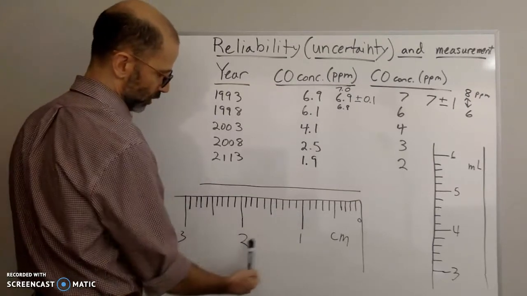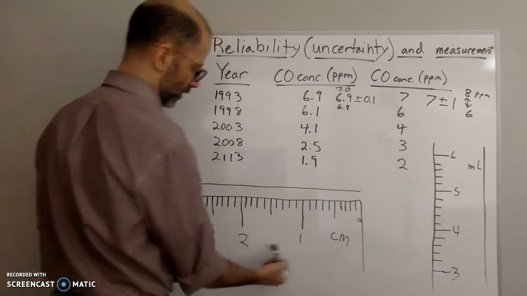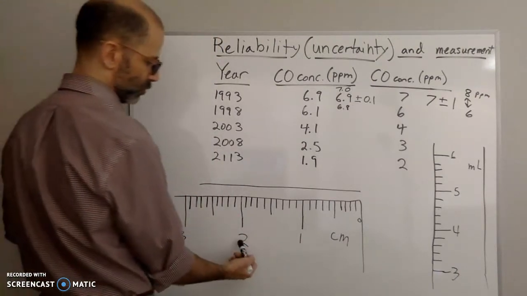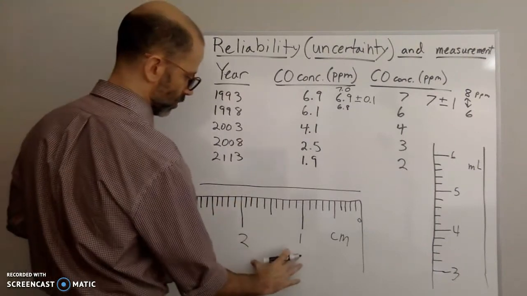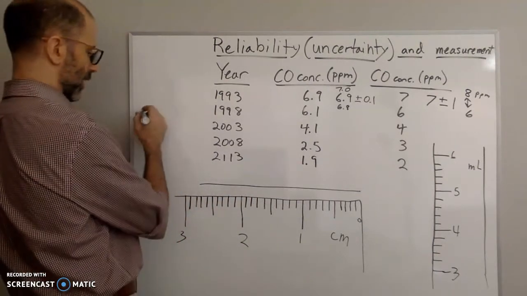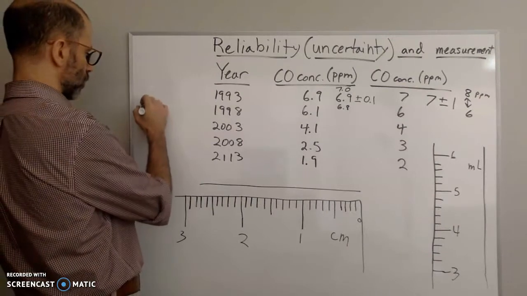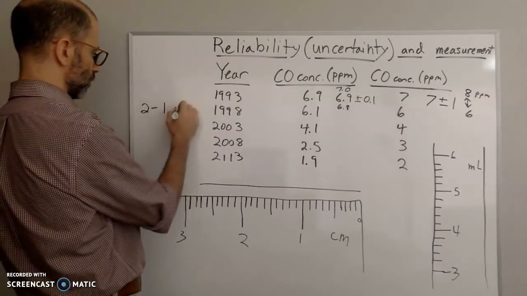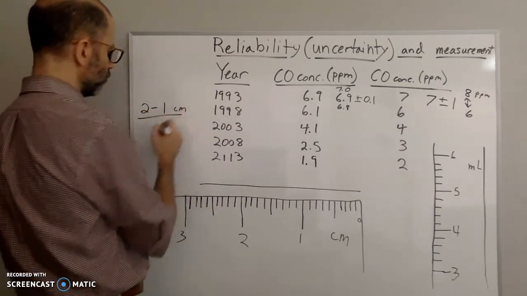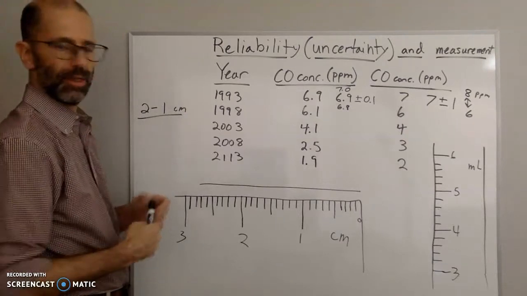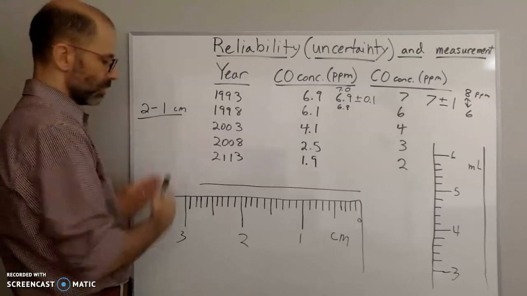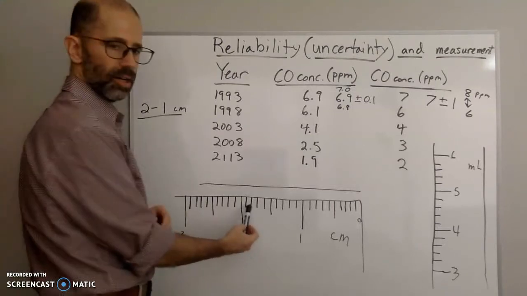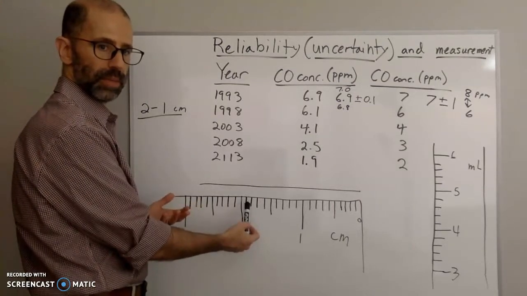So I have 1 to 2, so I subtract the higher from the lower, 2 minus 1 centimeters. And then I'm going to divide that difference by the number of increments, or the number of spaces that I have.